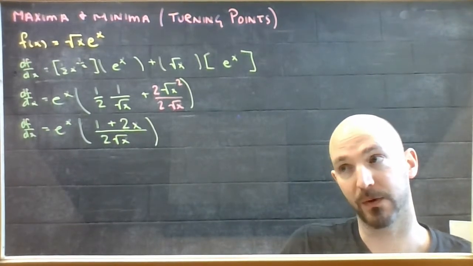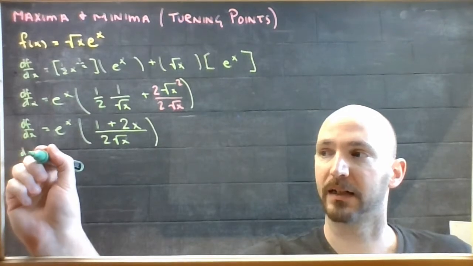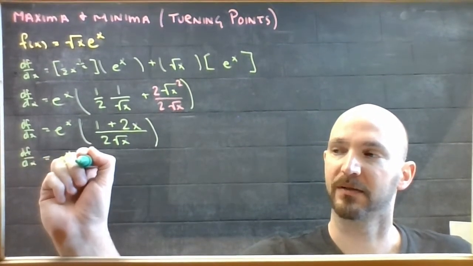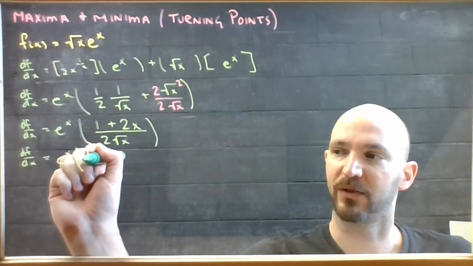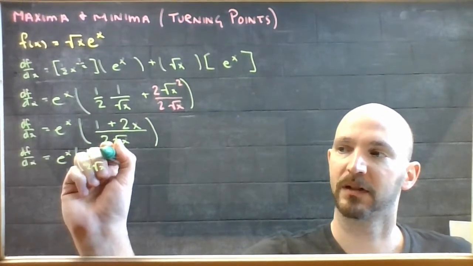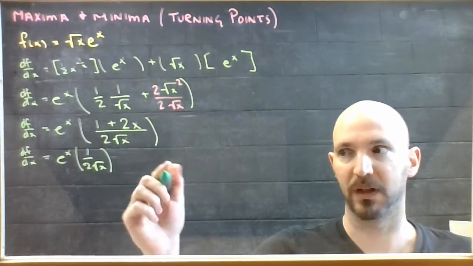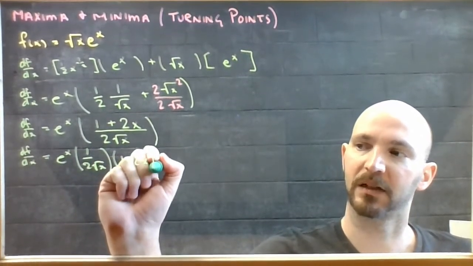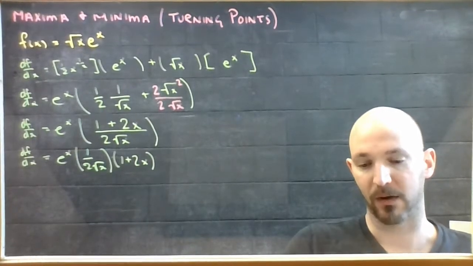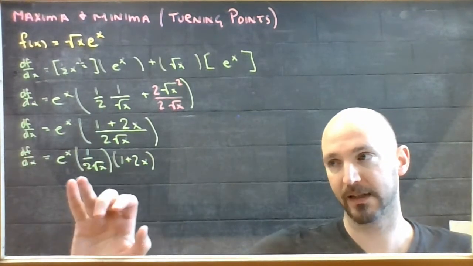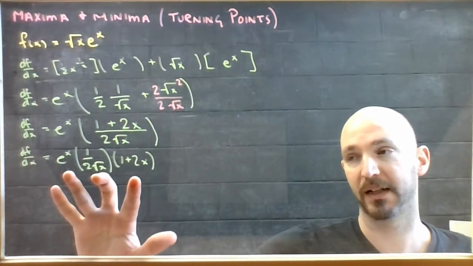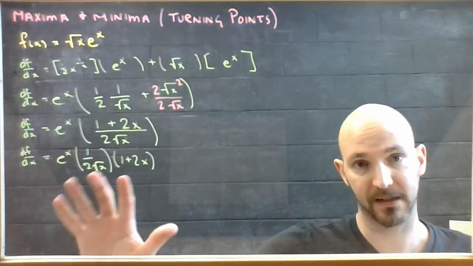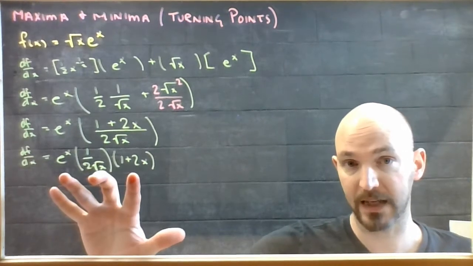And I can further factor that by writing it as an exponential part, the rational radical blend part, and the linear part. Now, why would I do that? Well, here I can see that I have 3 things multiplying each other. So in order to check my cases when I set this to 0, there's going to be 3 cases I have to check.